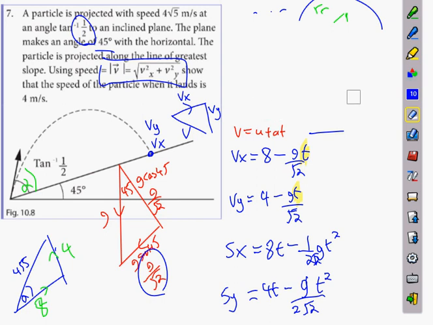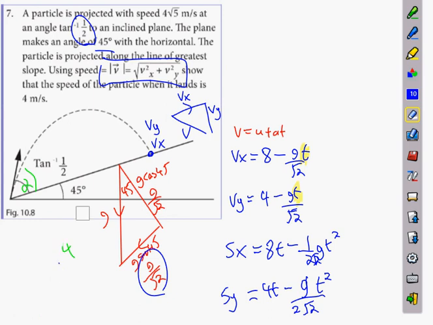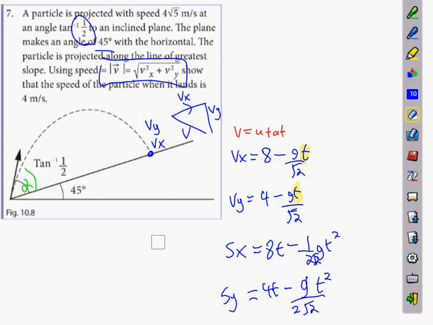Anybody have a suggestion about how I'm going to do this question? Sy equals 0. Would you have another way of doing that? Yeah, you're right, by the way, but is there another way of doing it? Vy equals 0, double your answer. Two ways. We'll go for sy equals 0 because that's the more conventional way to do it.